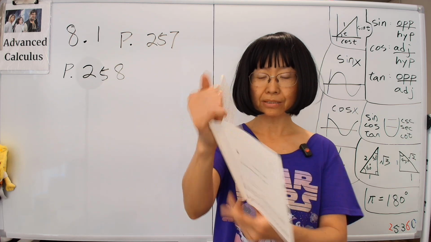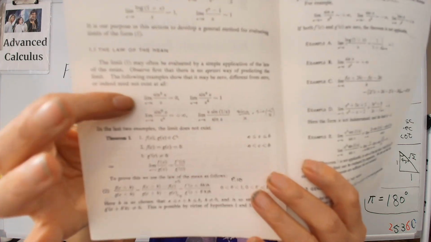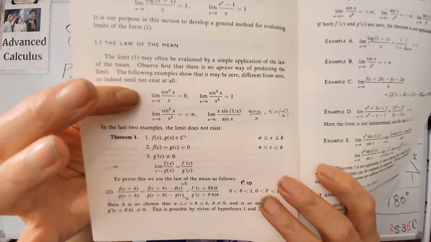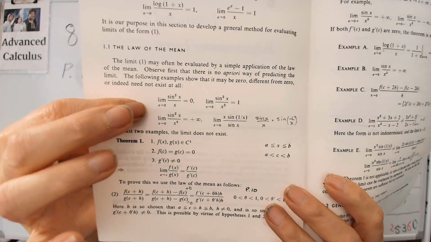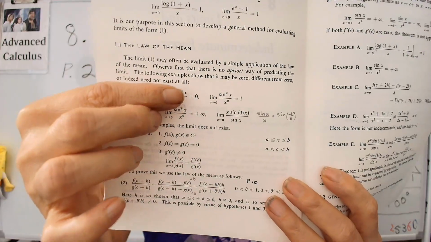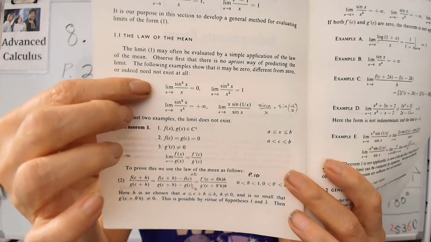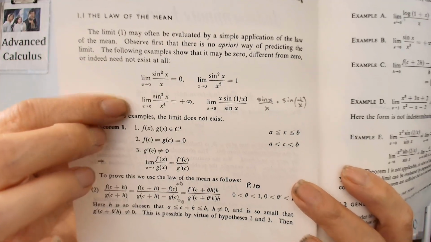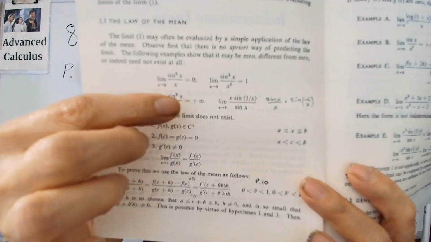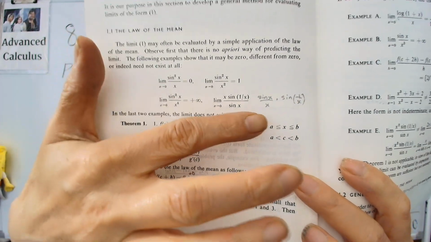For example, we consider these four limits. Please verify this yourself. Sine square x over x is 0. And that's because sine x over x equals 1. And sine square x over x squared is just 1. And then if you have too many x's on the bottom, then it goes to infinity. And then if you have some more complication, this is the same as sine x.